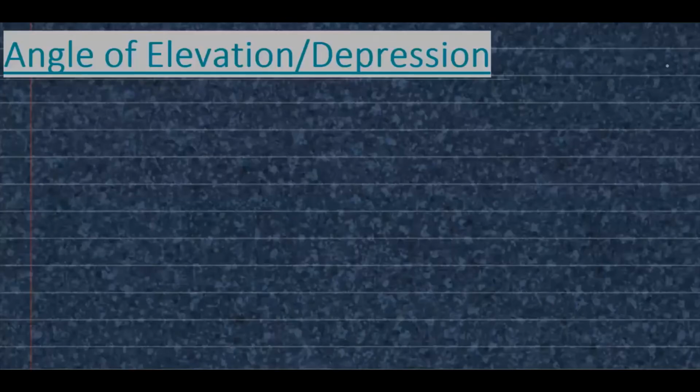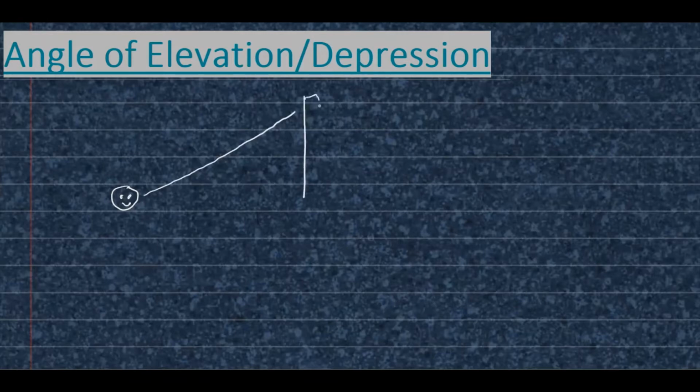Okay, so in this video, I want to explain to you the idea of angle of elevation or the angle of depression. So suppose we have an observer here, and the observer looks upward at, let's say, a tall building.